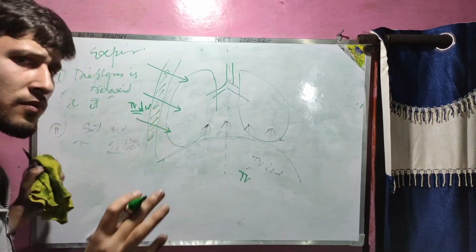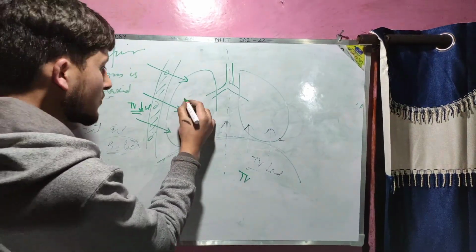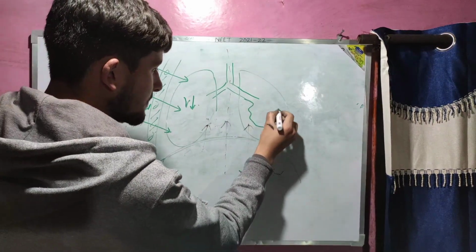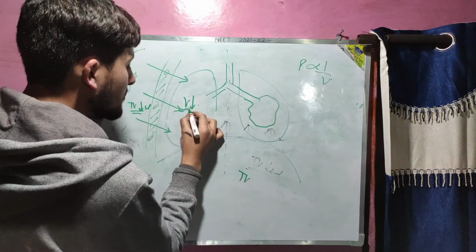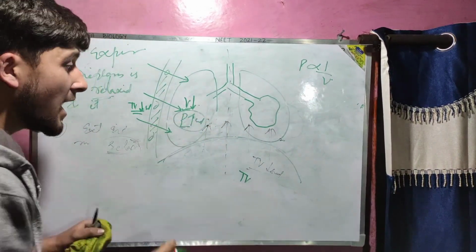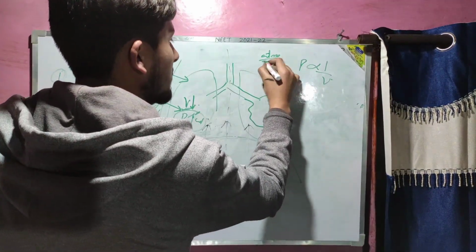And we know that decrease in thoracic volume indirectly means the decrease in the pulmonary volume. This volume will decrease. As a result, pressure is inversely proportional to volume. If this volume decreases, pressure increases, and this pressure increases up to the level that it is more than that of the atmospheric pressure.